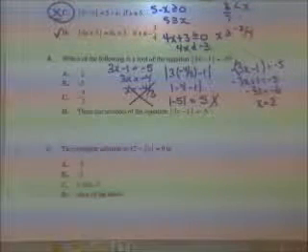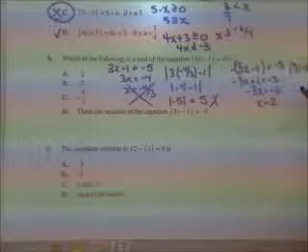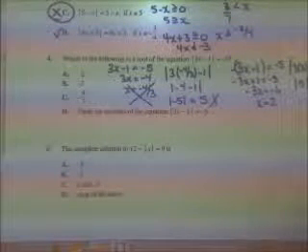Again, I have to go and check this. So 3 times 2 is 6. And 6 minus 1 is 5. And the absolute value of 5 is?